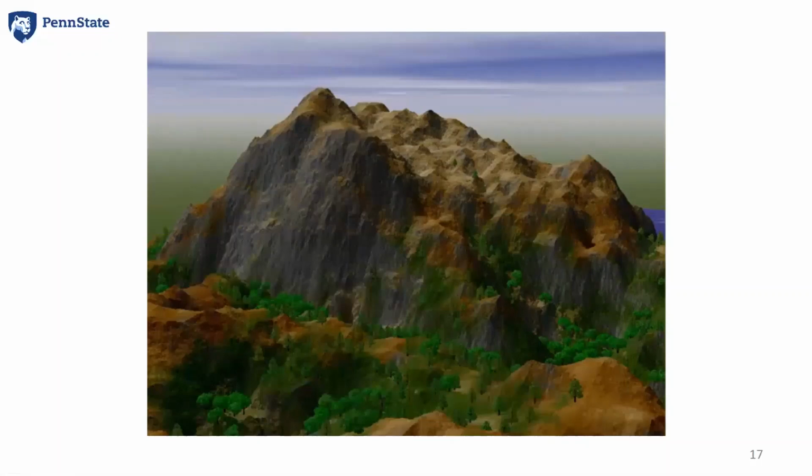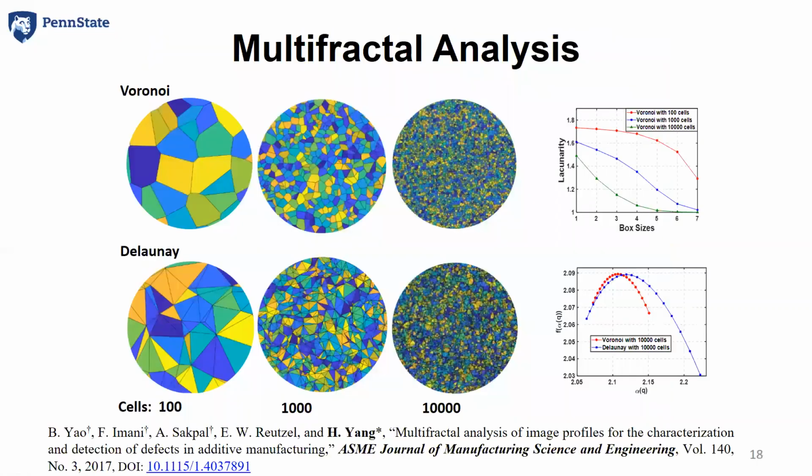The fractal is widely used in Hollywood for animation movies, to simulate fires and mountains. What we are trying to do is develop a new fractal methodology to characterize the defects in each layer of additive manufacturing.